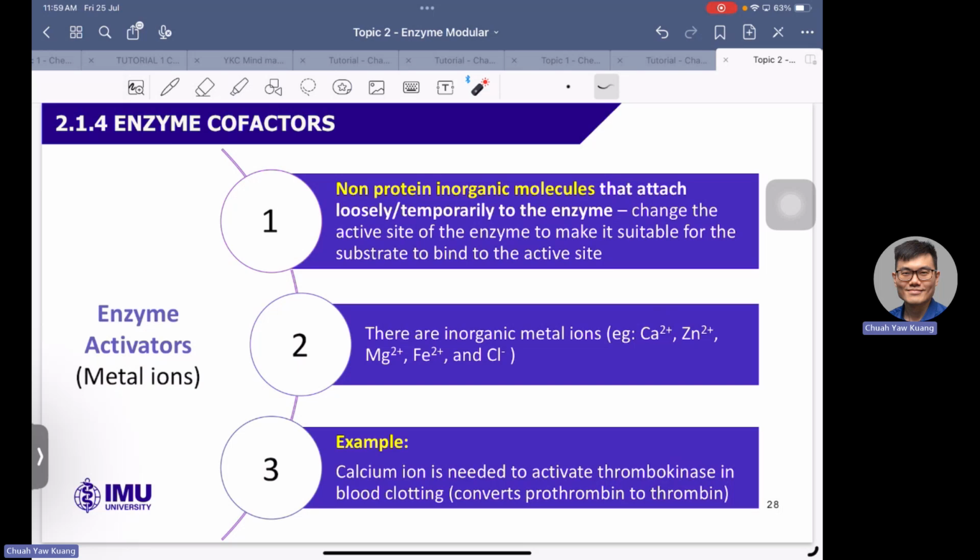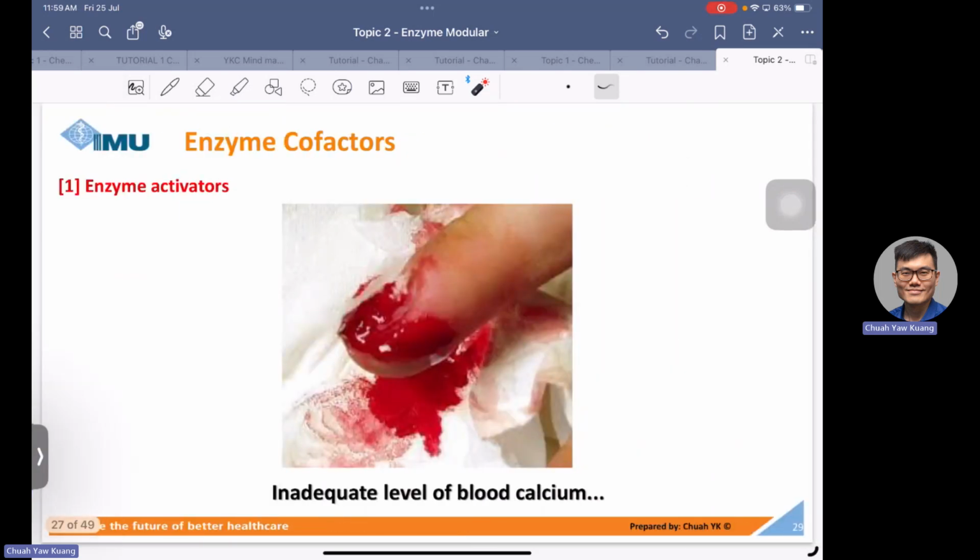Without the calcium ion, it cannot stop the bleeding, because thrombokinase is important to change prothrombin to thrombin. When you bleed, it will form a blood clot. Normally, in 3 minutes' time, the blood should clot and stop. Whenever you accidentally cut yourself, it should stop the bleeding within 3 minutes.